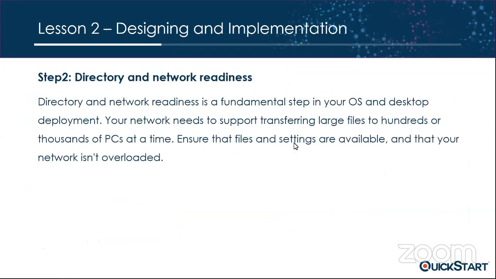The second step would be directory and network readiness. I would say it's a fundamental step in your OS and desktop deployment, because your network needs to support transferring large files to hundreds or maybe thousands of PCs at a time, and ensure that the files and settings are available and that your network is not overloaded. That's a key thing.